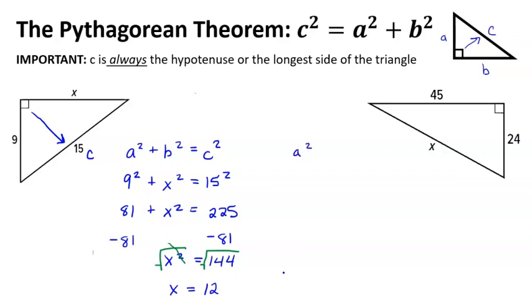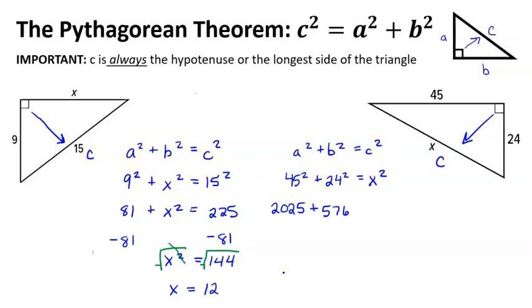All right, now let's do this other one. So I have a squared plus b squared equals c squared. I always want to label my c just to help remind myself, and that means we're solving for c this time. So now I have 45 squared plus 24 squared equals x squared. 45 squared is 2025 plus 576 equals x squared.